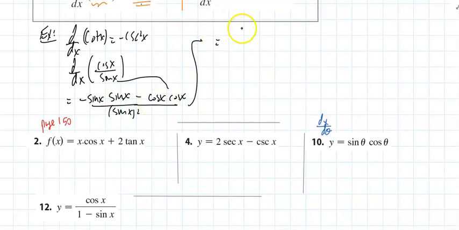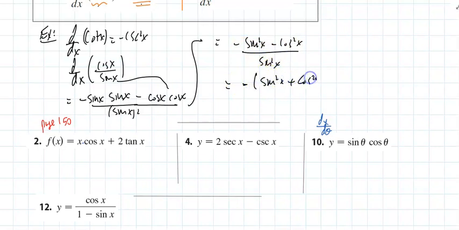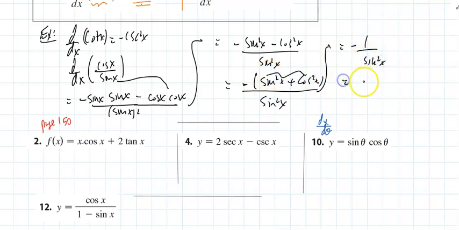And that would be negative sine squared of x minus cosine squared of x over sine squared of x. If I factor a minus out of the top, that's the sine squared of x plus cosine squared of x. That's the most famous identity of them all. And what is that? That's a 1. And 1 over sine squared would be cosecant squared, and there it is. You could derive all of those.